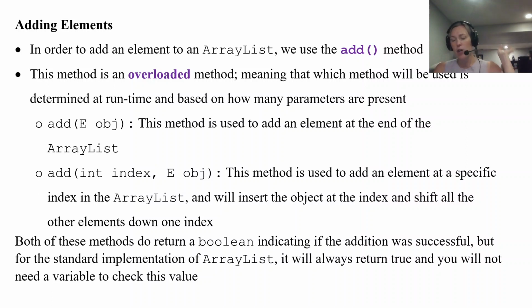The only scenario where this would potentially return false is a scenario that we're not going to encounter in this class. That would be if you have some sort of custom implementation of an array list that overrides these add methods and has it behave in a different way. Again, not something we run into in this class. So every time you use this add method, it'll be successful. Okay, so just trust me on that one.